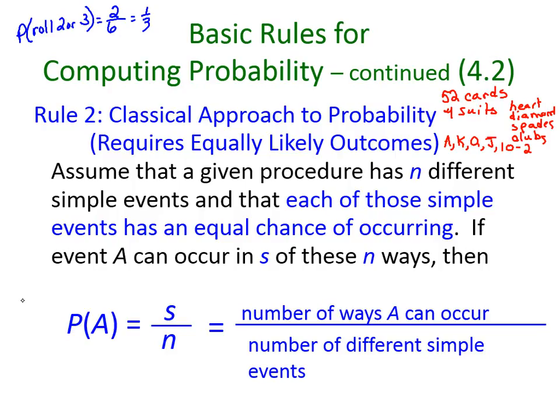So each one of these suits has how many values? So there's 13 cards in each one of those suits. So that's where 13 times 4 gives you the 52 cards in your deck. I know some of you are more familiar with the deck of cards than others, and I wanted to make sure I didn't make that assumption because it confused somebody in the past. So if I wanted to find the probability, and this is rule 2, so this is a good one for this, the probability that I was going to have an ace.